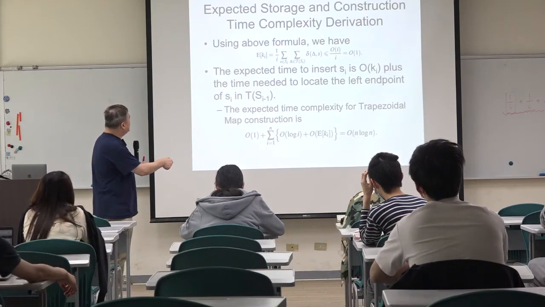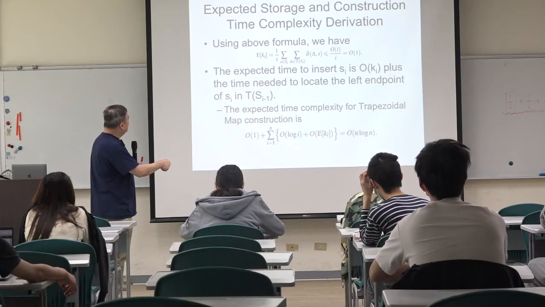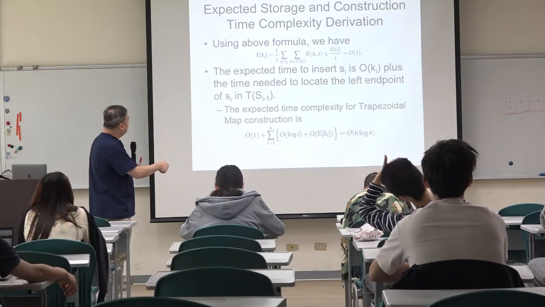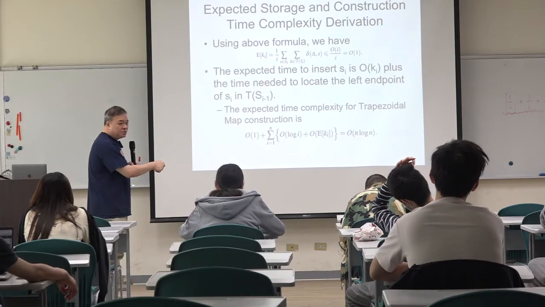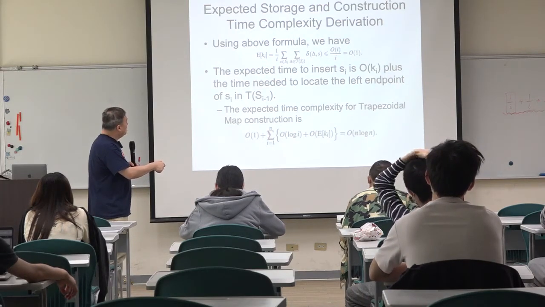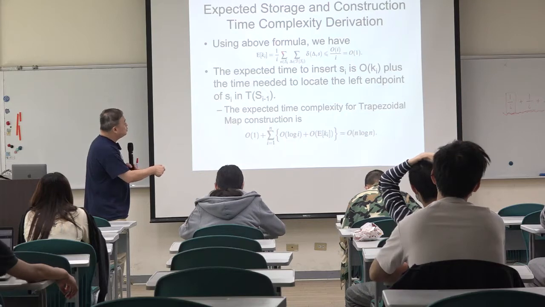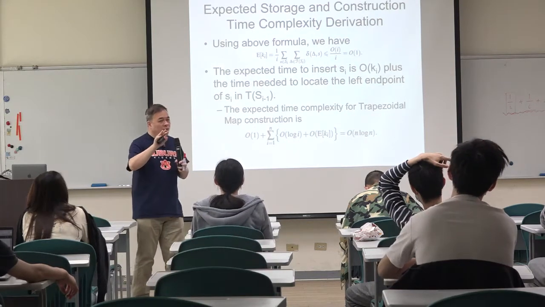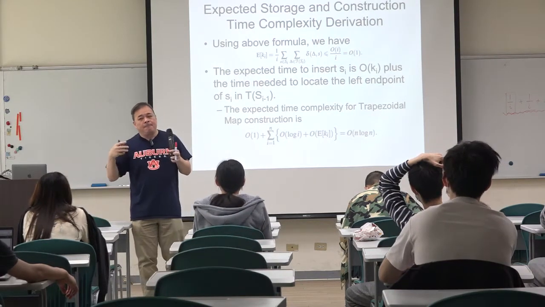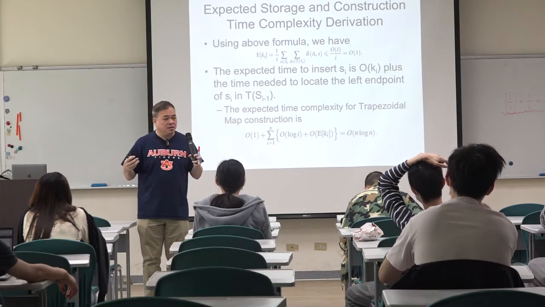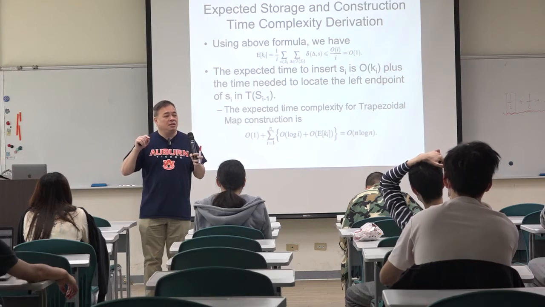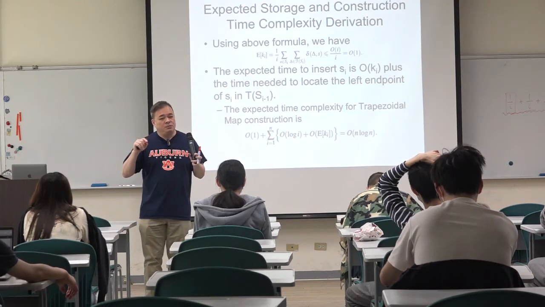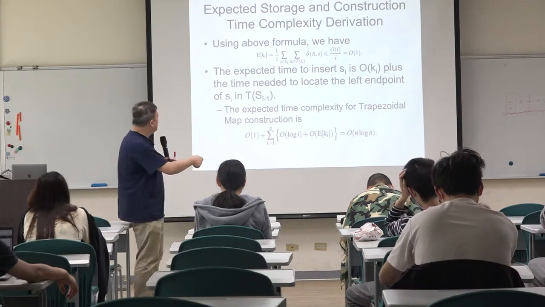We use the above formula. The expected value of kappa I will be an average, right? Because we have I segments, and now we are using the idea of randomized algorithms. As I said, every segment basically has a similar effect.